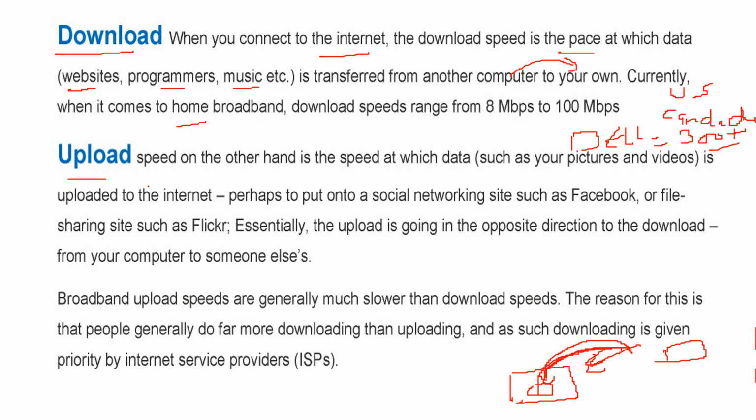Similarly, the upload speed is the speed at which data, like pictures, videos and audio, is uploaded to the internet or to some remote location. In terms of internet we call it download and upload. Where we use Facebook or YouTube, we are uploading videos to an application where it goes to some server, say a web server, at a certain location.